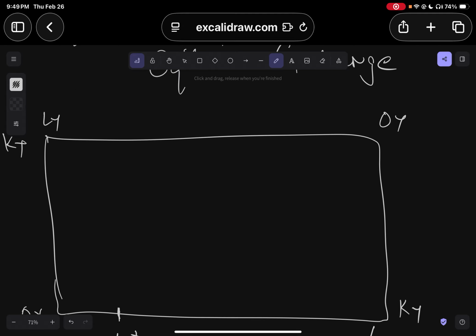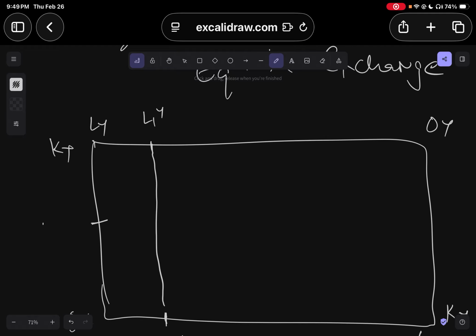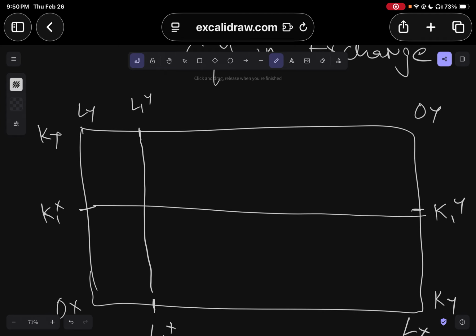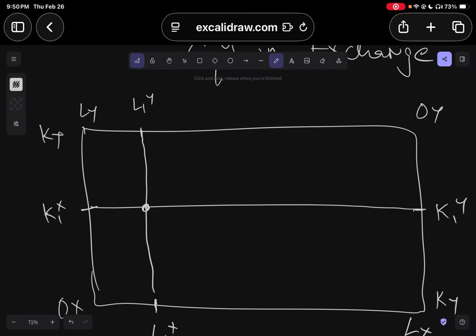Similarly, L1Y amount of labor chosen for producing Y, and K1X amount of capital chosen, and similarly K1Y amount of capital chosen. So this point shows L1X, K1X, and L1Y, K1Y.